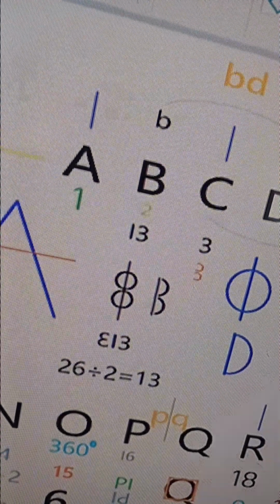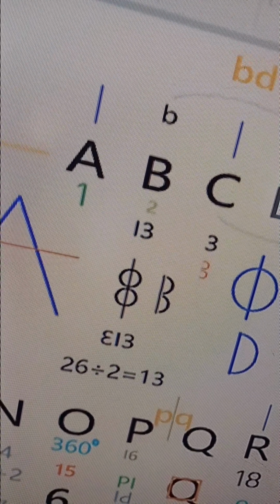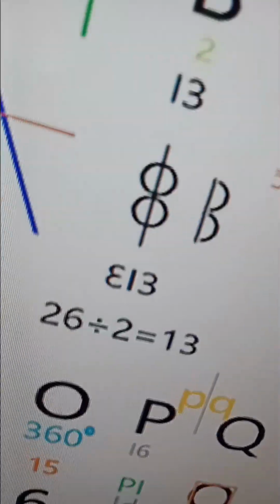There's one, there's the second, in the alphabet. And the letter B itself is literally 13 mirrored. And when it's cut, it creates the B.